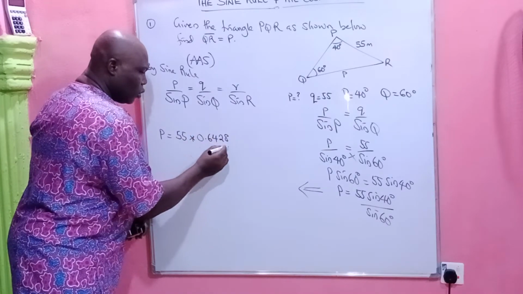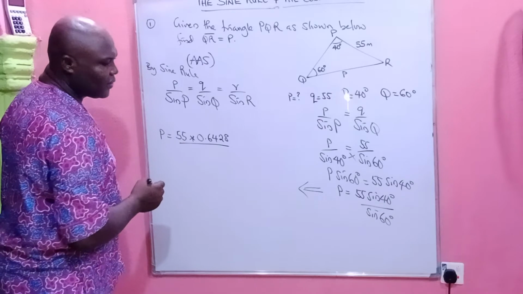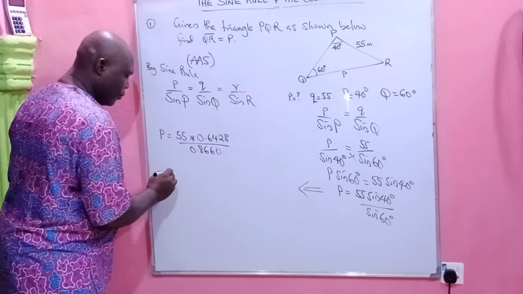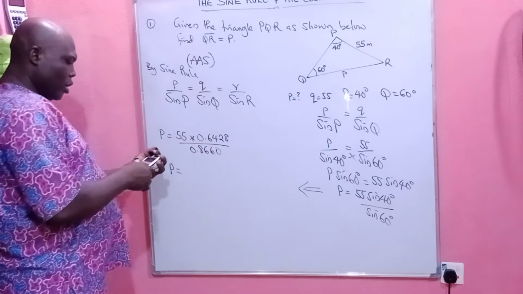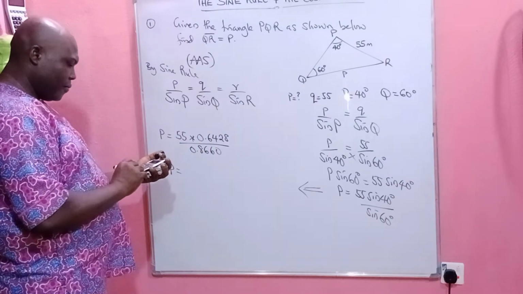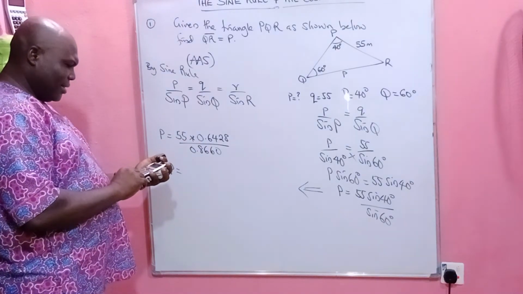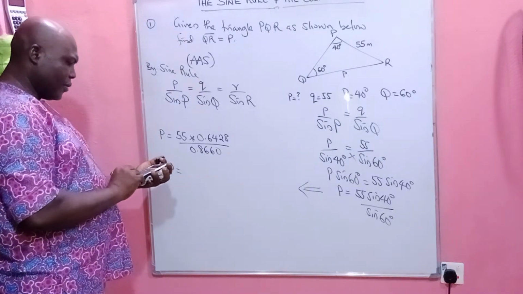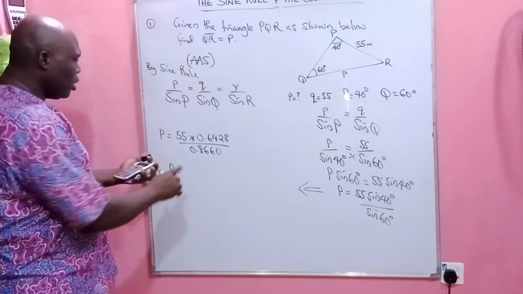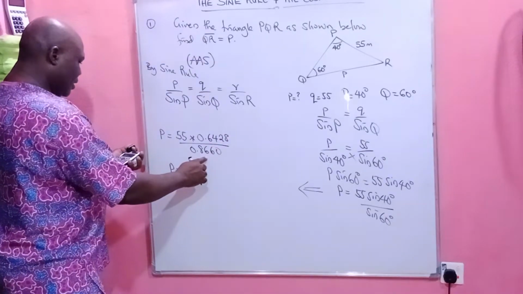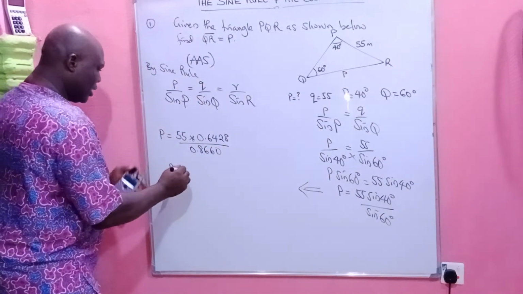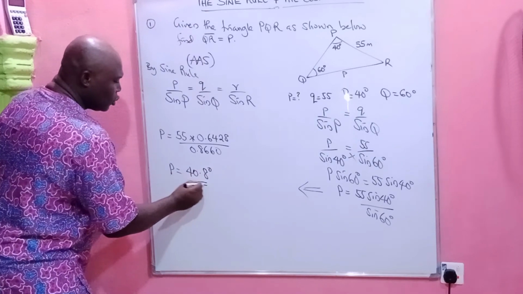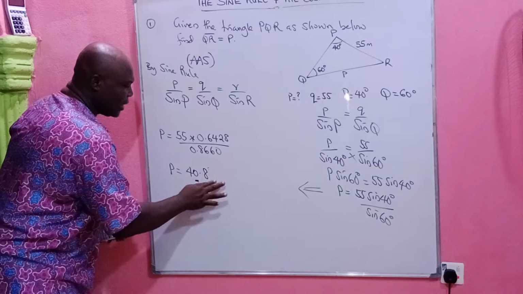We divide by the sine angle of 60 degrees, which is 0.8660. So p will be 0.6428 times 55, divided by 0.8660. If we multiply this by this and divide by this, we are going to have 40.8.